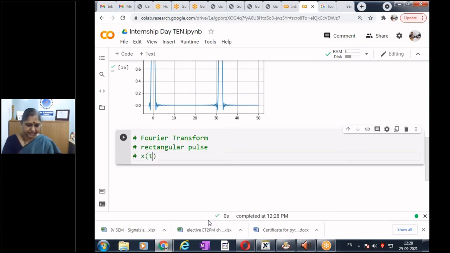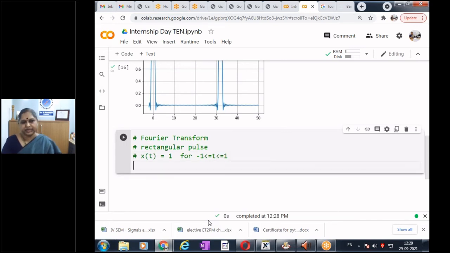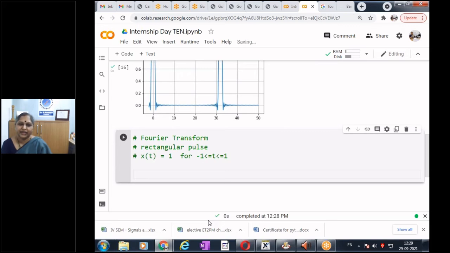Let us say my signal x of t equal to 1 for -1 less than or equal to t less than or equal to 1. This is my pulse. And if I want to plot my function as a function of time, I need to define my time.